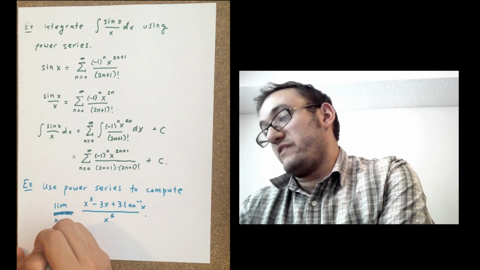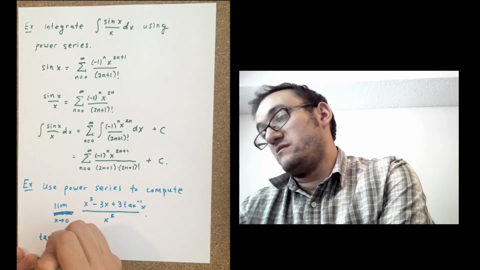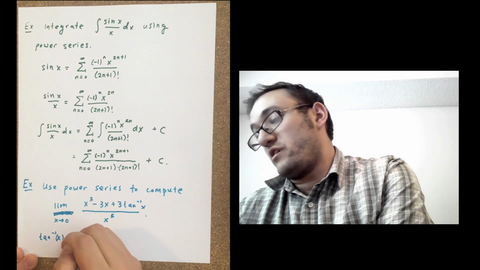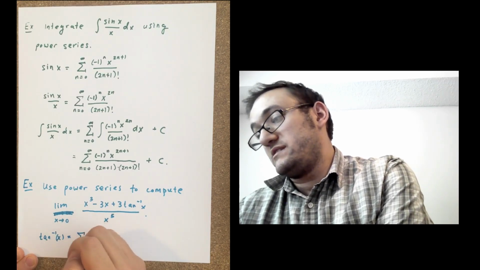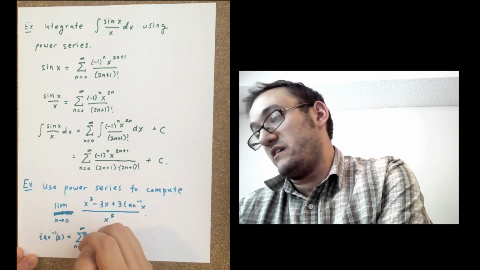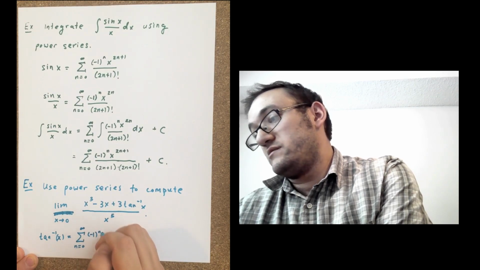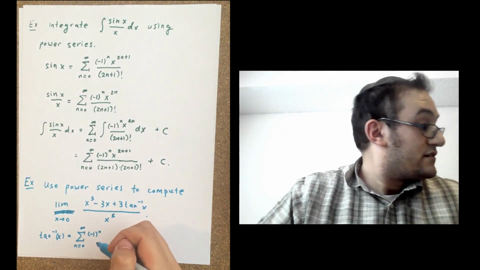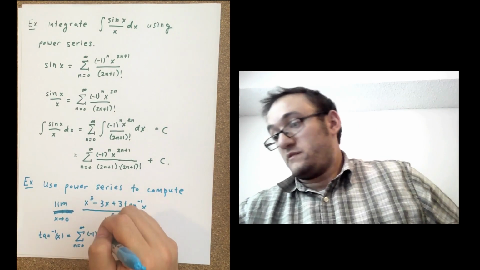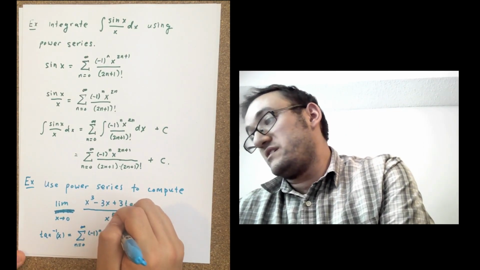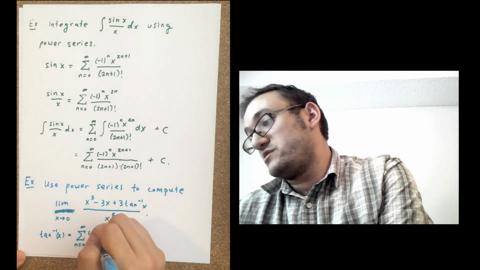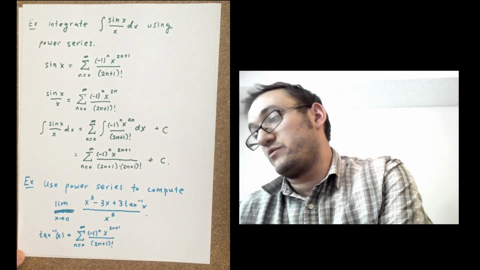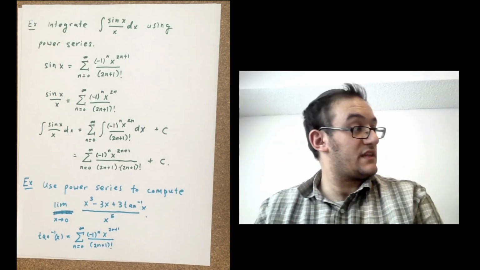We know that arctangent of x, looking at our table from before, is equal to the sum from n equals 0 to infinity of (minus 1)^n x to the 2n plus 1 divided by 2n plus 1. I'm sorry, no factorial.